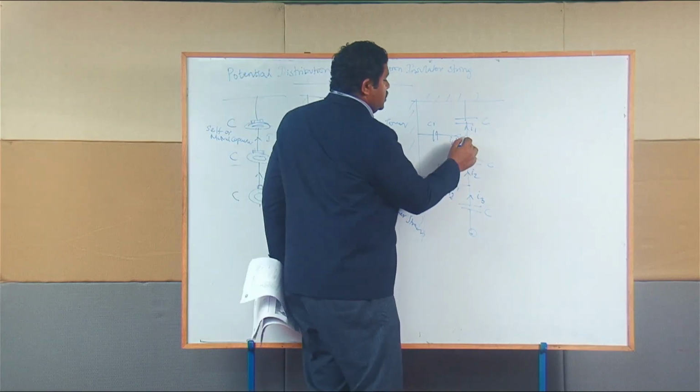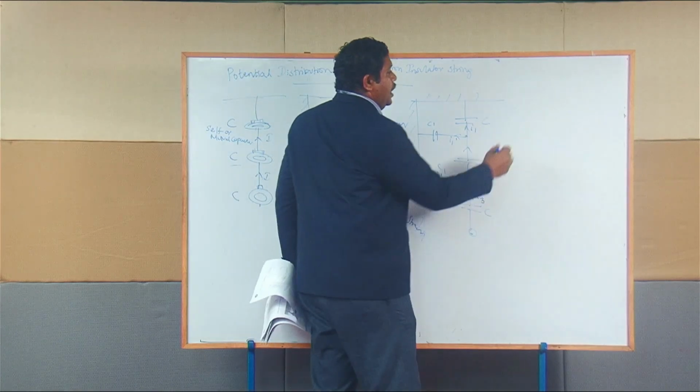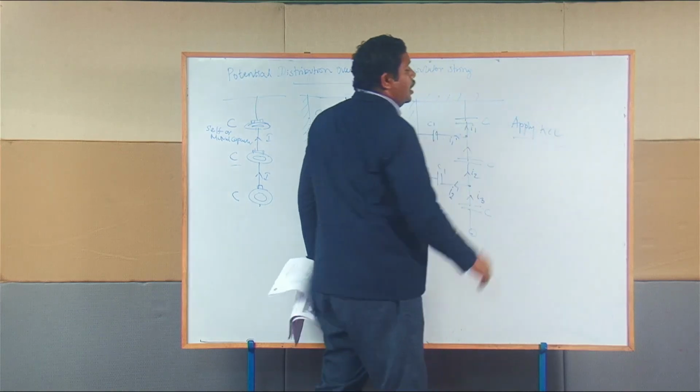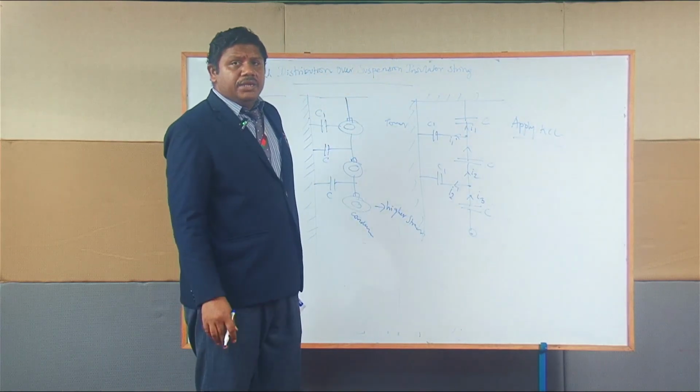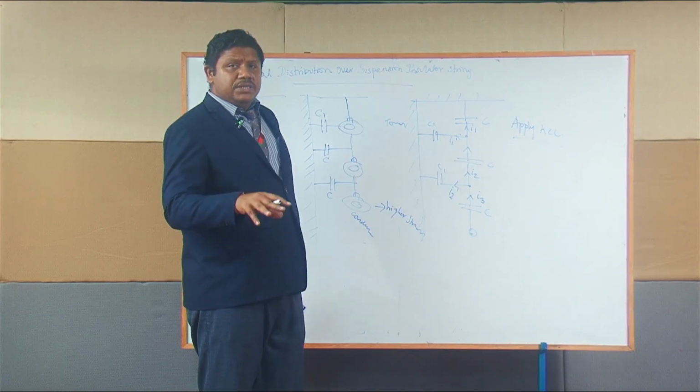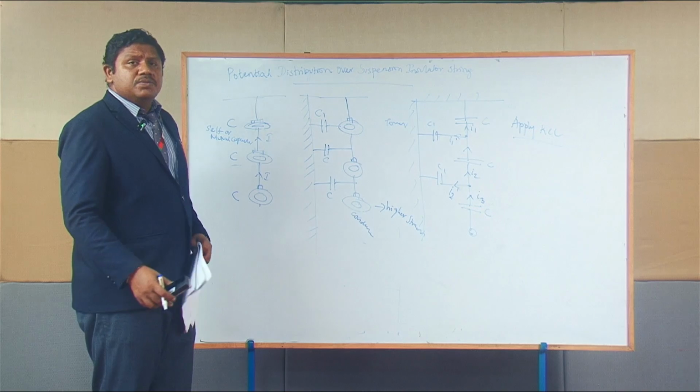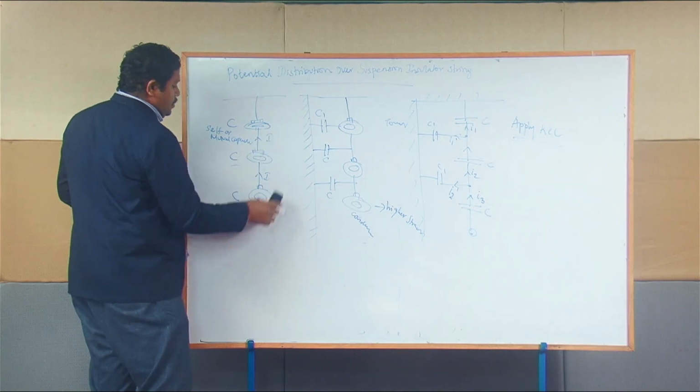At each junction point you have to apply KCL and calculate the voltage distributed across each disc. Before getting into that, you must know what is meant by string efficiency.